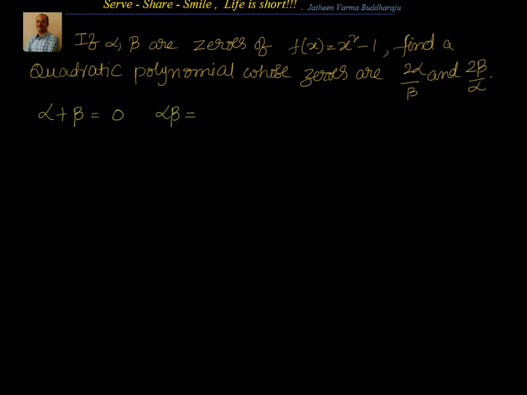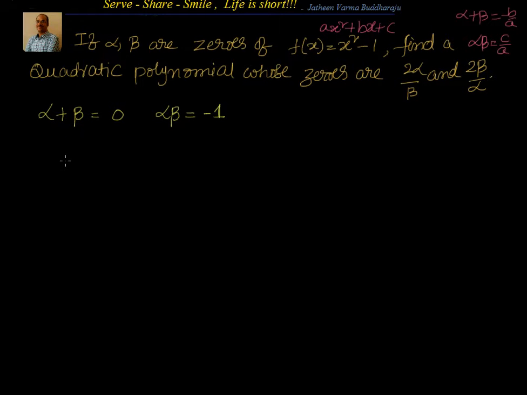We are talking about here ax square plus bx plus c, where alpha plus beta equal to minus b by a and alpha beta equal to c by a. So we have alpha beta equal to minus 1. Now what is the equation which we are looking at?